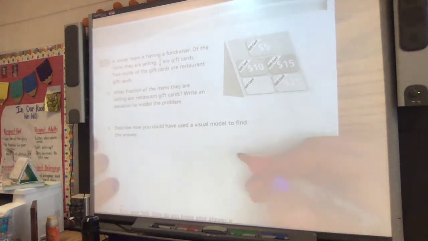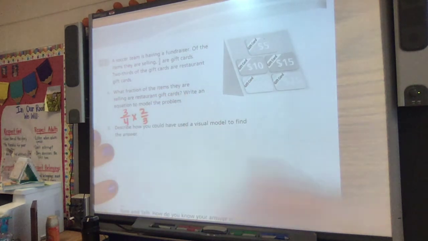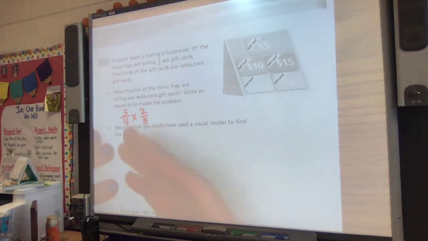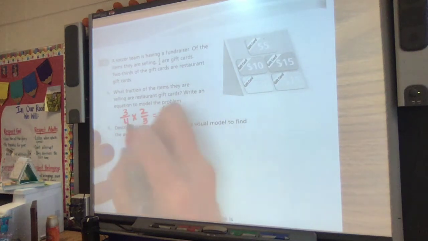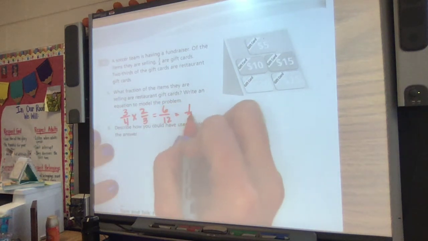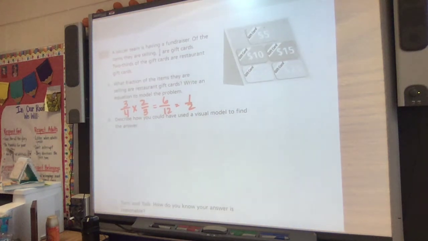So remember, 3/4 are gift cards, 2/3 of them. We're finding a fraction of this number. So it says write an equation. 3 times 2 is 6, 4 times 3 is 12. That means half. This asks, well, how could you have done a visual model?